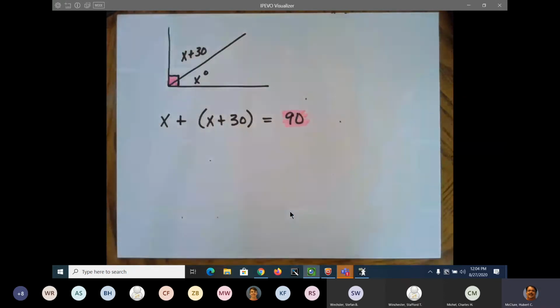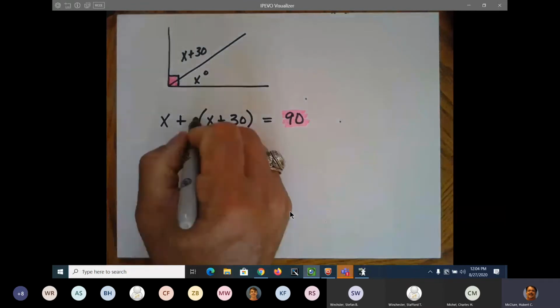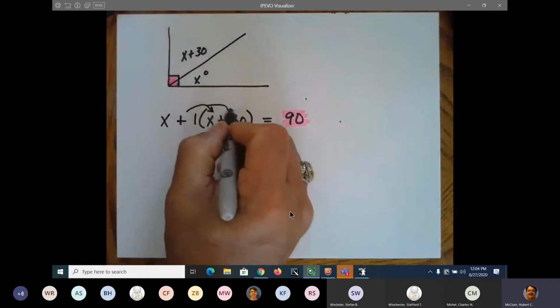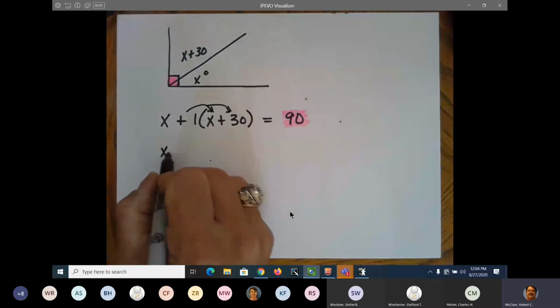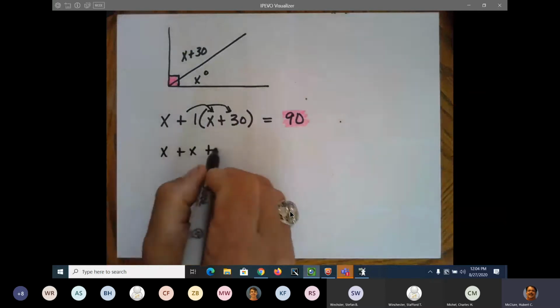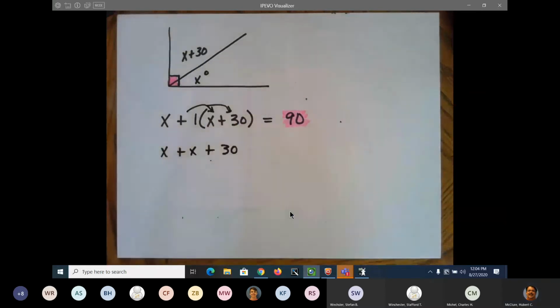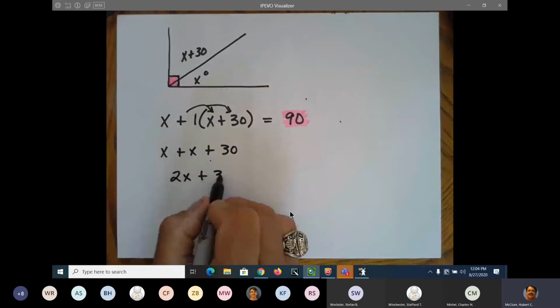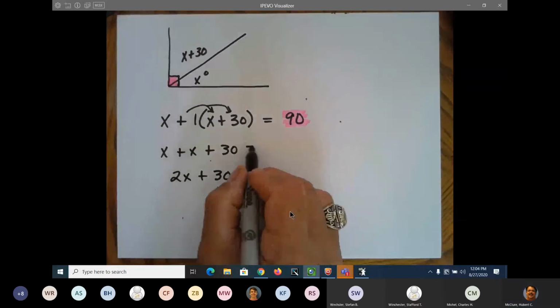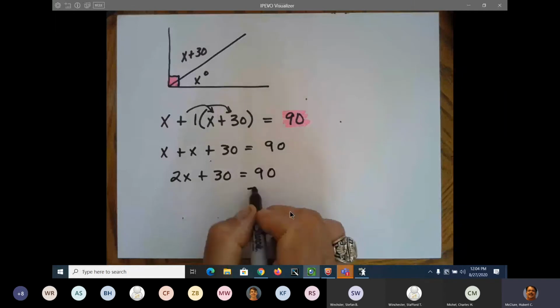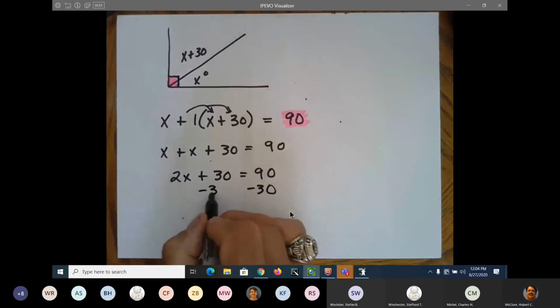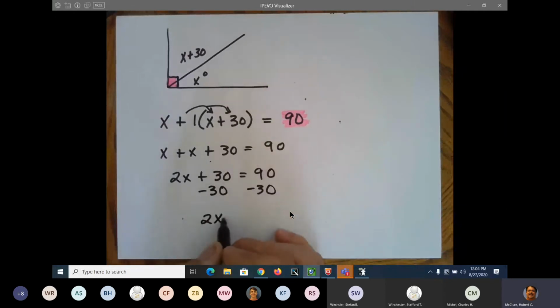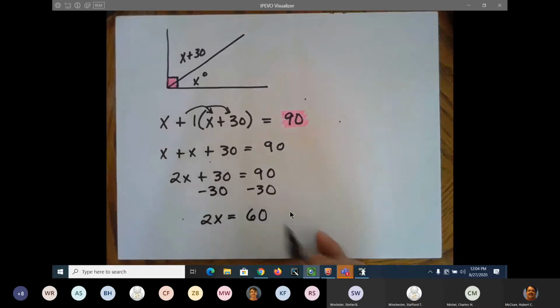So now I do algebra. Just my regular algebra. X, distribute that 1, which doesn't change anything, and that gives me X plus 30. 2X plus 30 is equal to 90. Subtract 30. 2X is equal to 60.